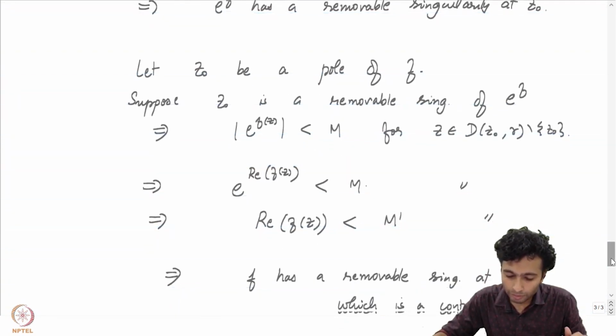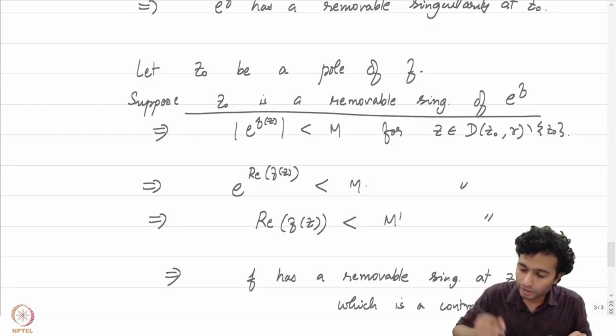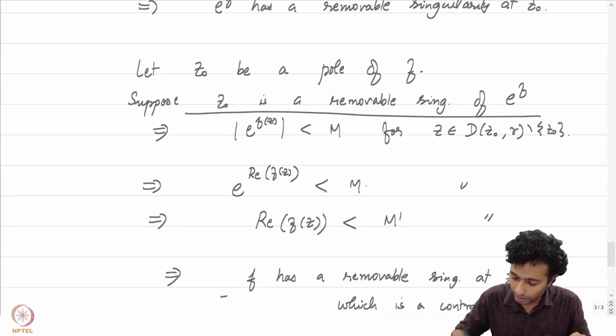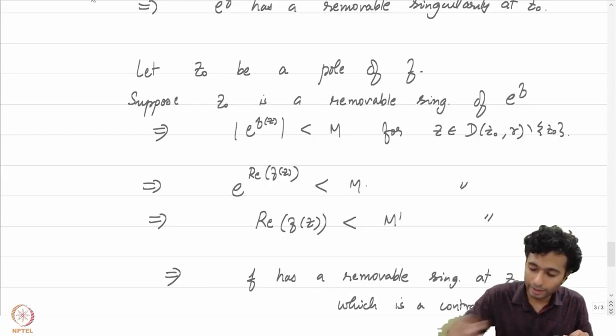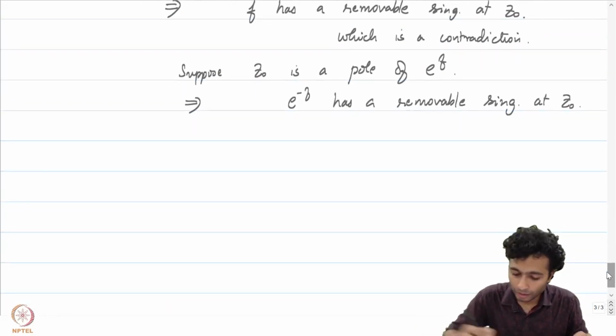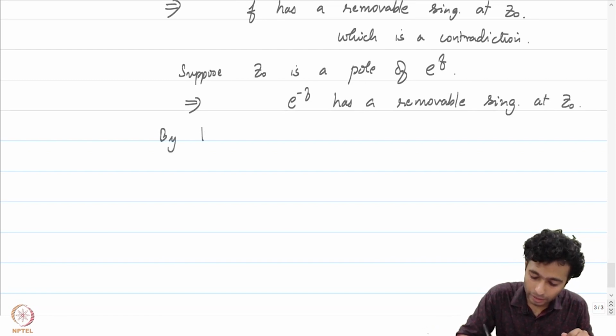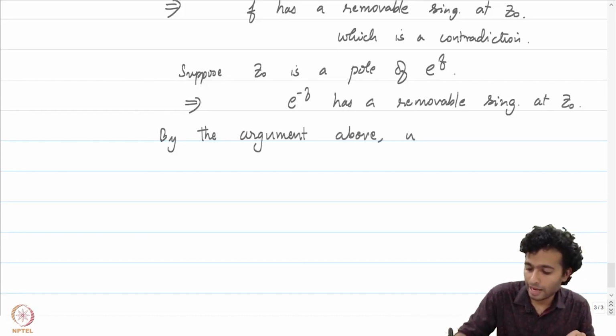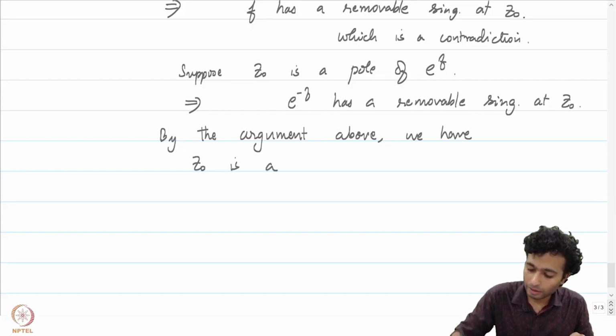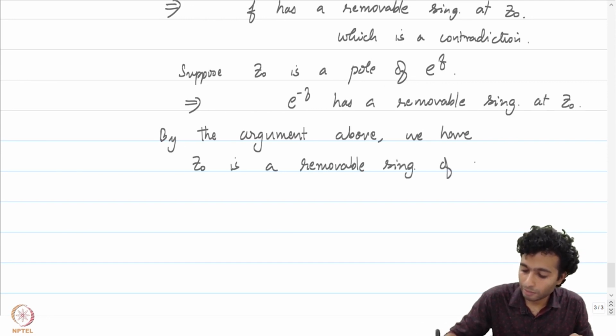But then if z0 is a removable singularity of e to the power f, we concluded that f has a removable singularity at z0, right? And by the argument above, we have z0 is a removable singularity of minus f.